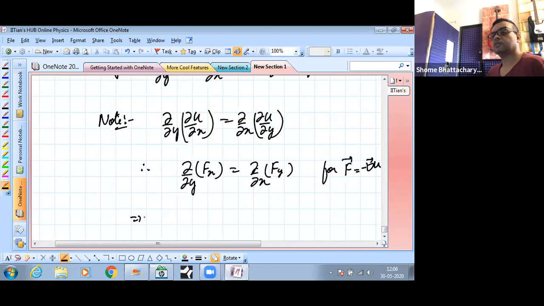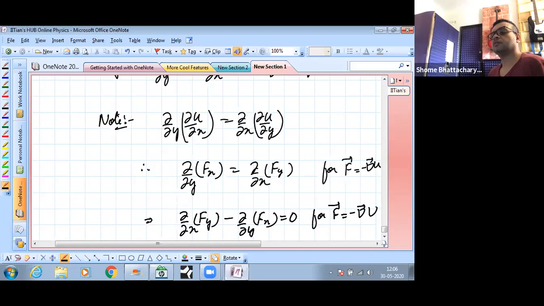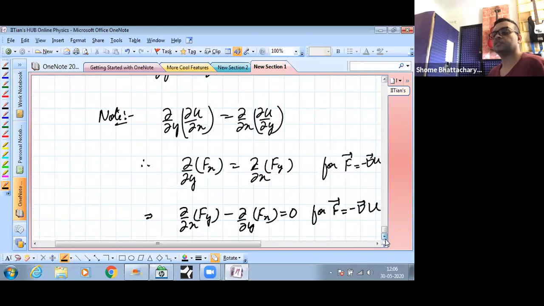Or in other words, before we write del cross F, we can just write that del by del x of Fy minus del by del y of Fx must be 0 for the force to be the negative gradient of a potential energy.